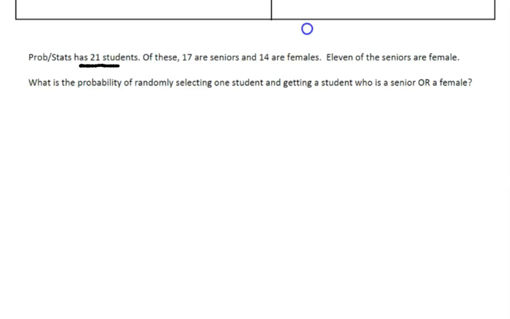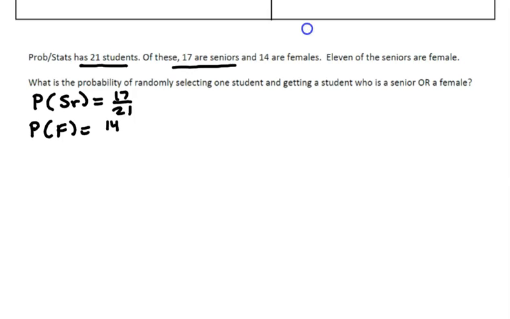Our total number of students is 21 and 17 are seniors, so the probability that someone is a senior is 17 out of 21. And 14 are females, so the probability that someone is a female is 14 out of 21. And it says 11 of the seniors are female. That means out of all the seniors, 11 are female.